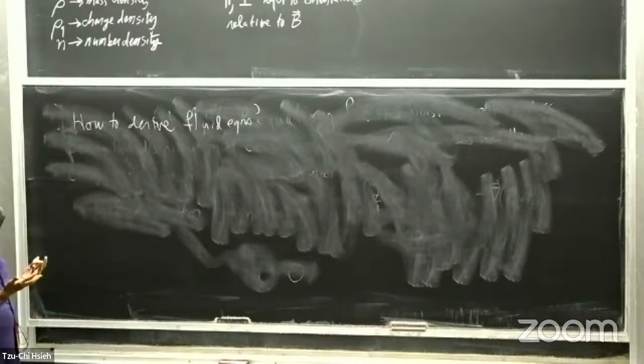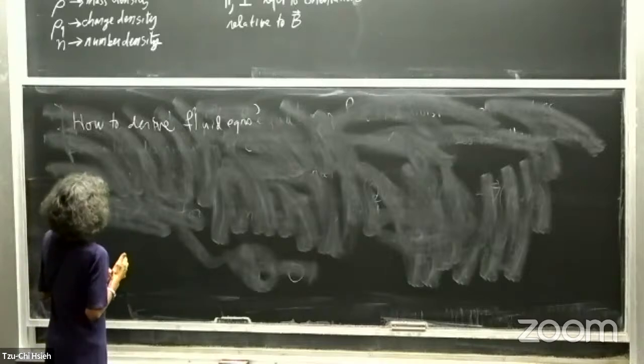So to derive fluid equations, we're going to integrate over p, and we're going to take what are called moments of that equation, which means multiplying it by various functions of p, powers or other functions, and then doing our integral.